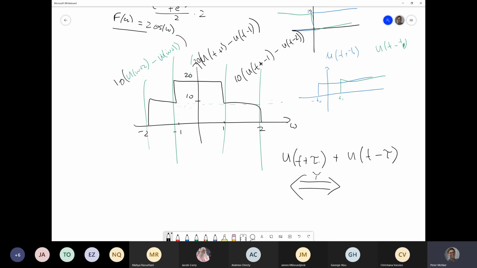You may see this written like this double arrow thing. That essentially just means that they are the pair. Fourier transform pair with, sorry, not plus, minus. Minus that has a Fourier transform pair with 2 sine of omega tau on omega.